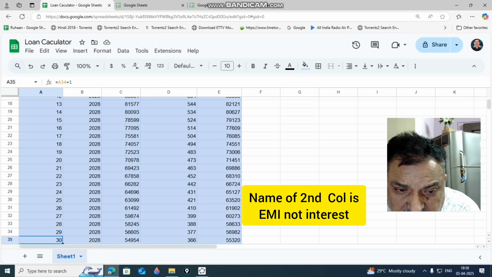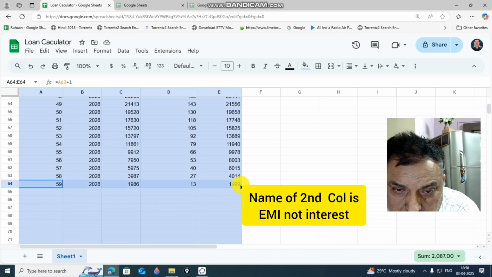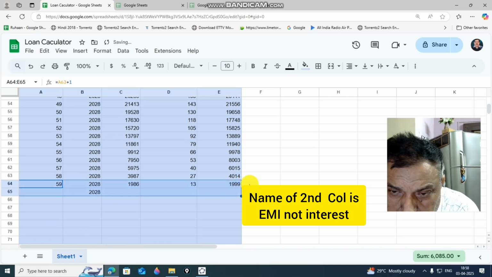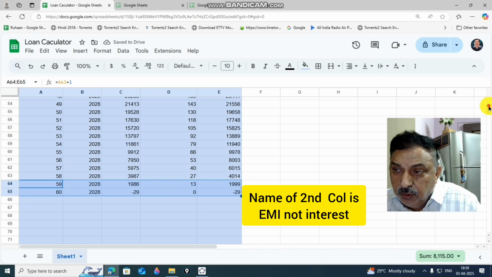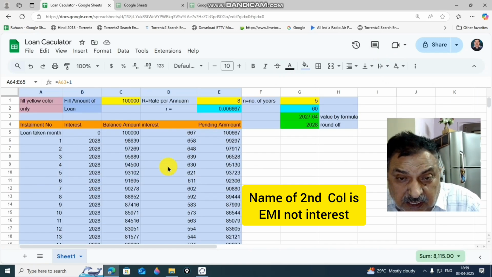See here, one column more. See here now. Just in 5 minutes, the EMI calculator is ready.